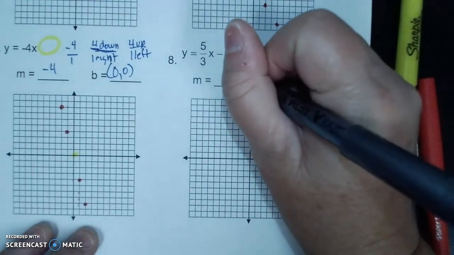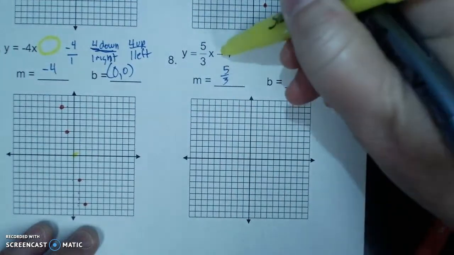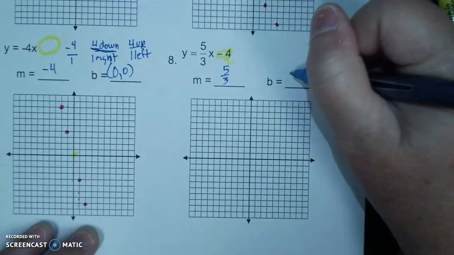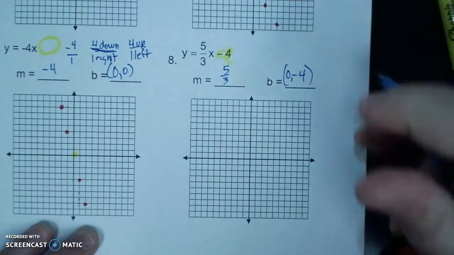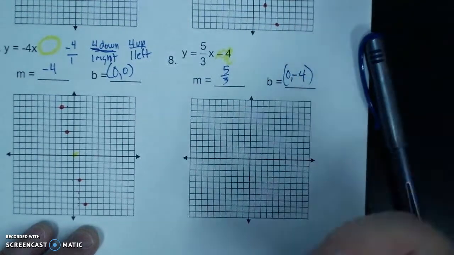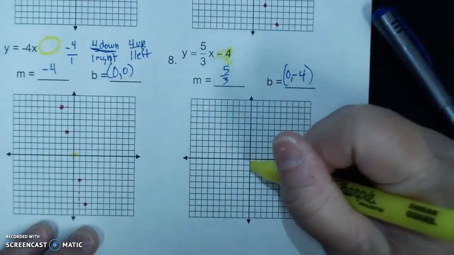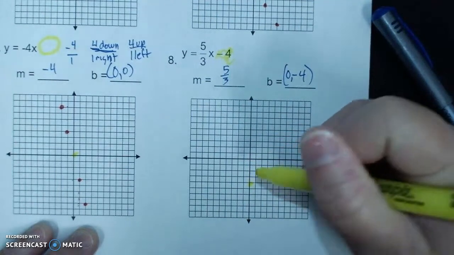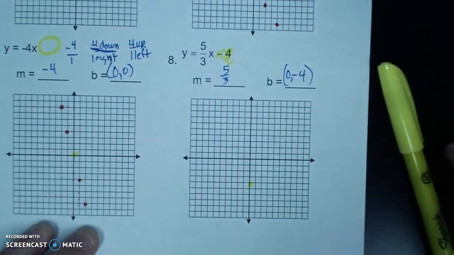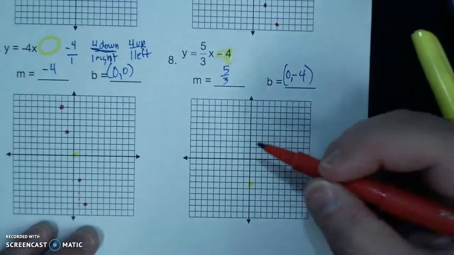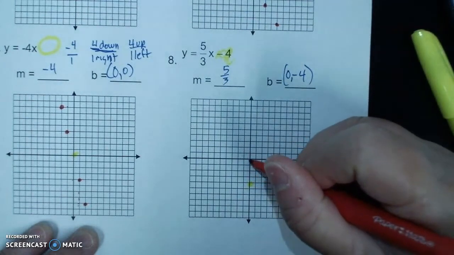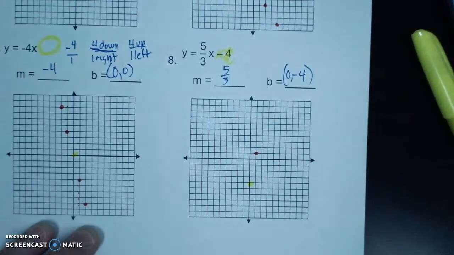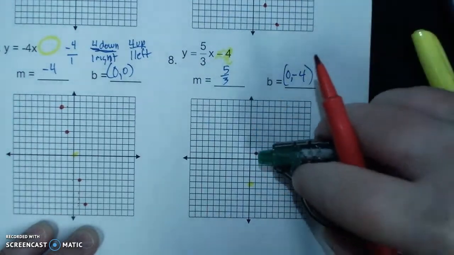Here my slope is 5/3. My y-intercept is -4. 0, -4. Putting my first dot at 0, -4. Traveling 5 up, 3 right. Oh, sorry.